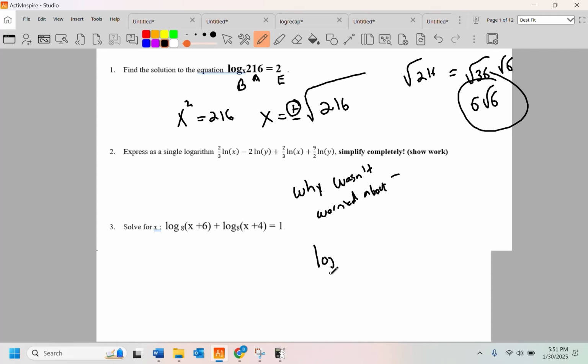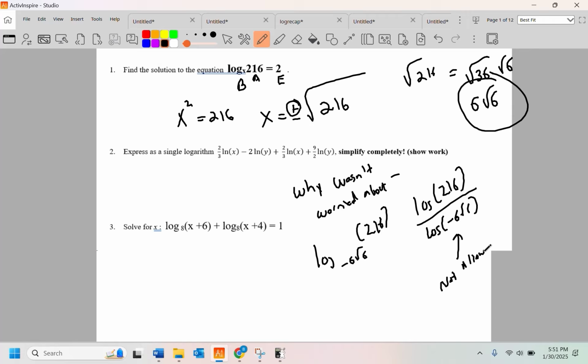So if you did log base negative 6 root 6 of 216, and you try to do change of base on this, you'd kind of have a problem, wouldn't you? Like, this is not allowed. It's not in the domain of a logarithm. So change of base fails. So not interested in the negative aspect there.